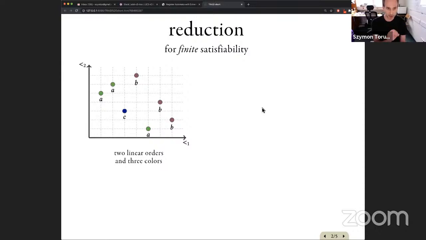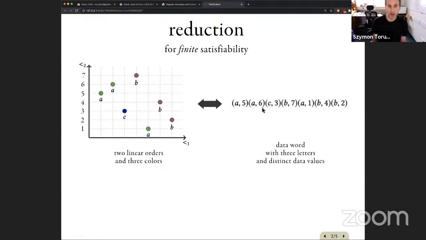This reduction I will show you now can be used to reprove the result of Schwentick and Zeume that finite satisfiability is decidable. The idea is that if you have a structure with two linear orders, then you can view it as a word of elements, consisting of pairs. The first coordinate of the pair encodes the color of the current node.